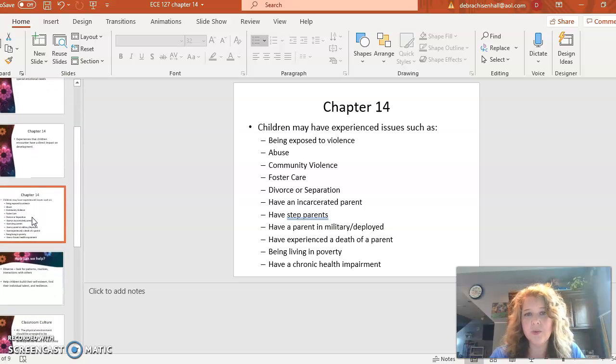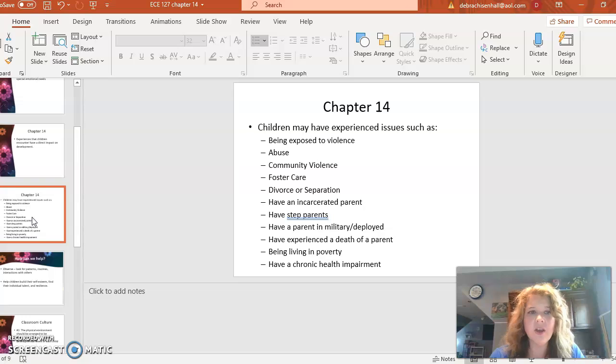And sadly, we will encounter children who have been exposed to violence or abuse, have maybe been in and out of foster care, maybe have a parent who's incarcerated, maybe have multiple moms or dads spread out in different houses in different situations, maybe have a parent who's currently deployed, maybe even experience the death of a parent, or be living in extreme poverty.